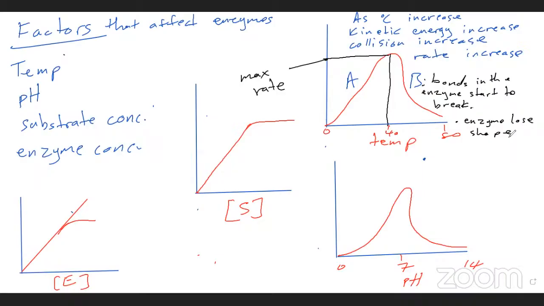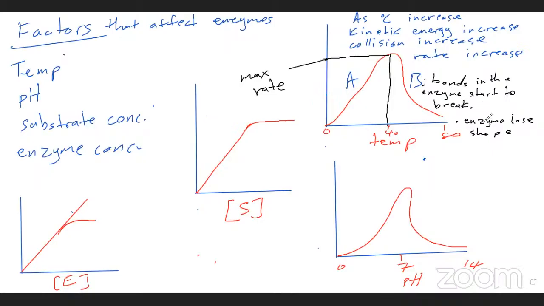Just to be clear for everybody, it's not the peptide bonds. It's the bonds that hold the tertiary structure together, like the hydrogen bonds. So you can put that the bonds that hold the tertiary structure of the enzyme together start to break.